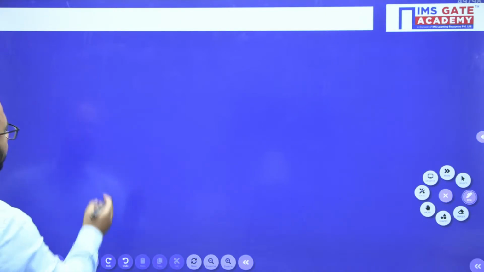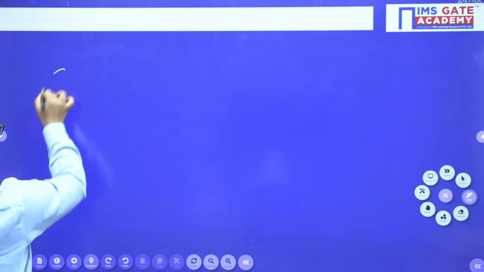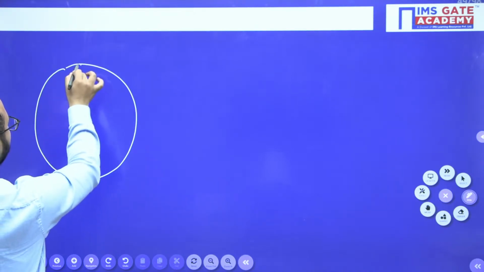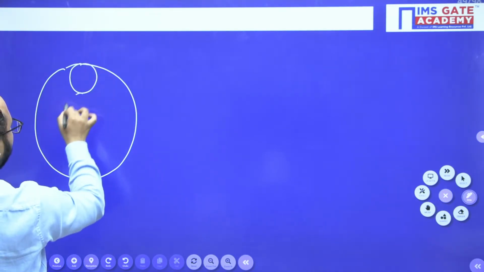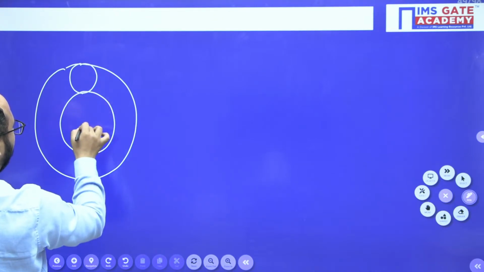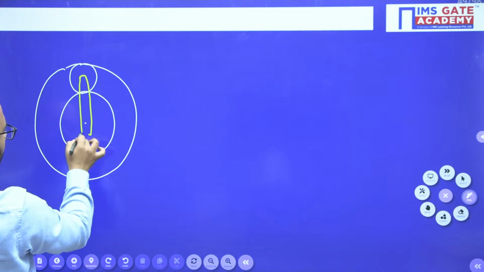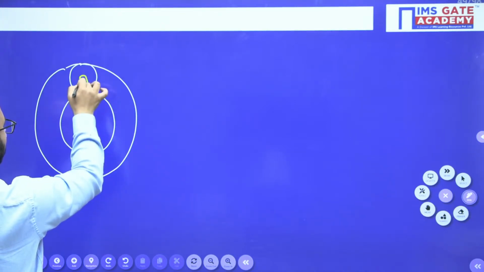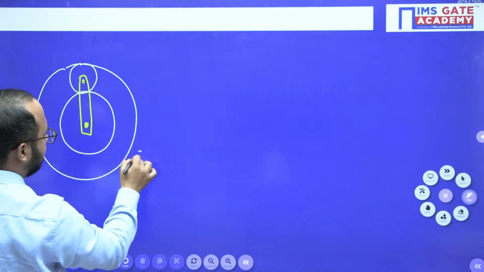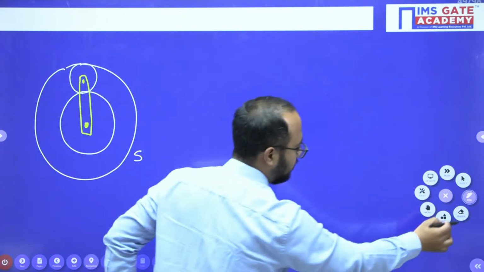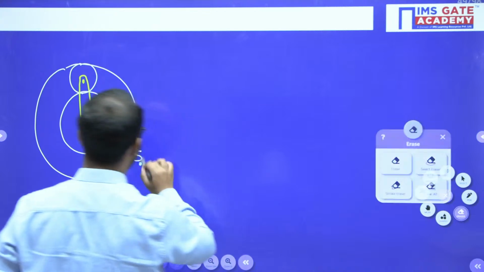So for example, if I give you some example here, let's suppose this is the gear you are having. Let's suppose if I consider this one as a ring gear, not the sun gear.